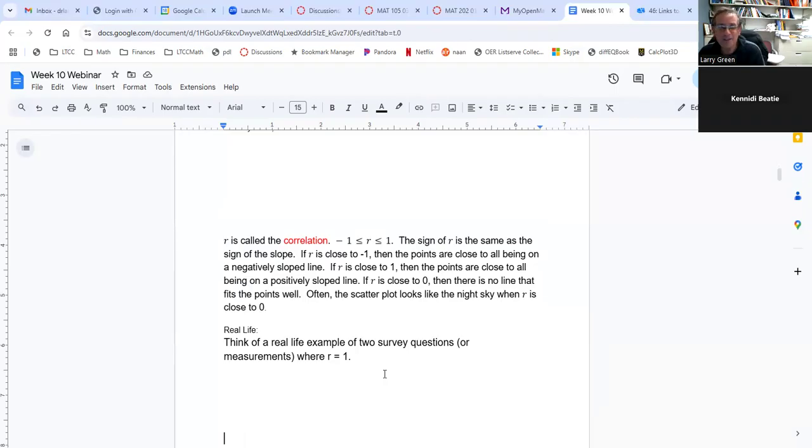Okay, it wouldn't be how many calories you had for breakfast and how many for dinner, because you can't know exactly how many calories you would have for dinner if you knew how many you had for breakfast. Any thoughts on a real life example of two survey questions where the answers are going to have a correlation of exactly 1, the highest correlation possible? Any thoughts?